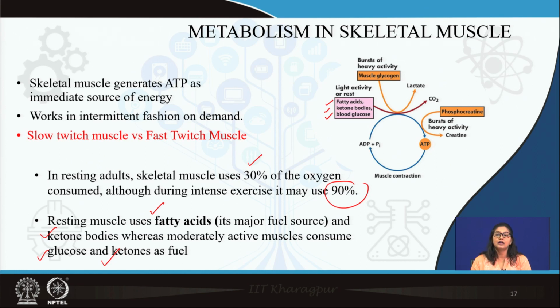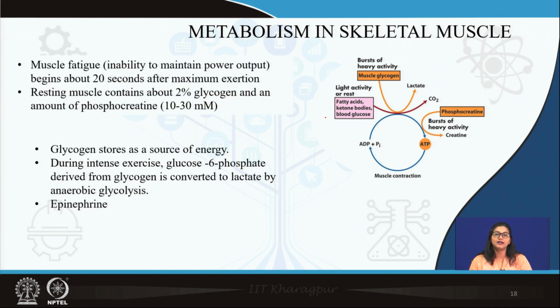So, what happens in muscles? There are stored forms of nutrients, around 2% glycogen is present, as well as one very important molecule, phosphocreatine, stored in muscle. Now, during a burst of activity, these glycogens are broken down for provision of energy and phosphocreatine is also utilized.